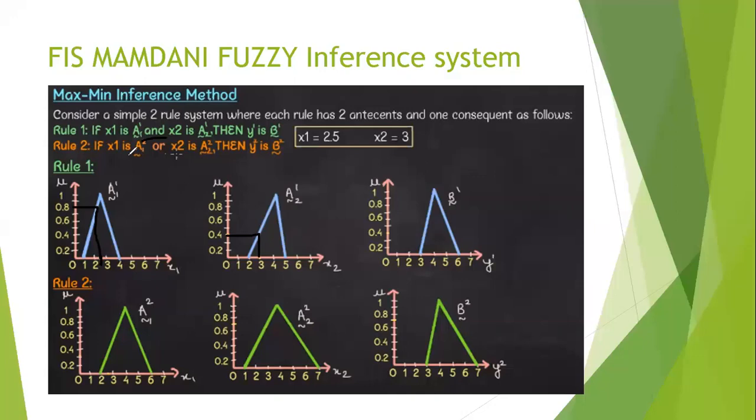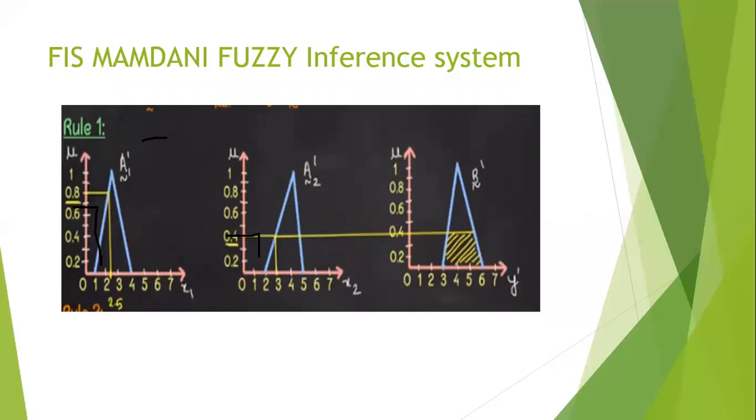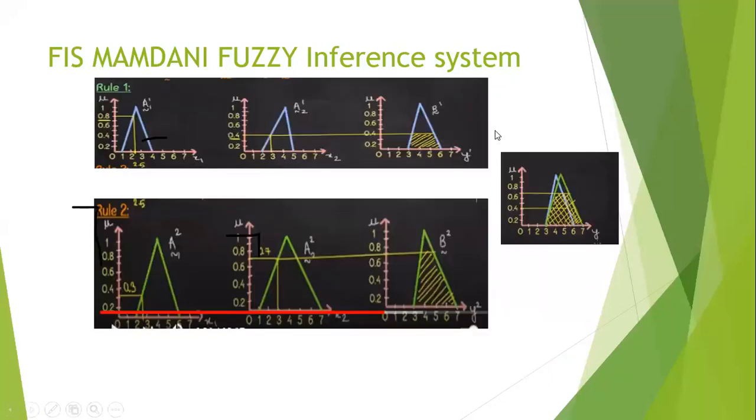AND operator, minimum. In the last class we learned the connectivities: AND operation, OR operation, negation, implication also we have considered.